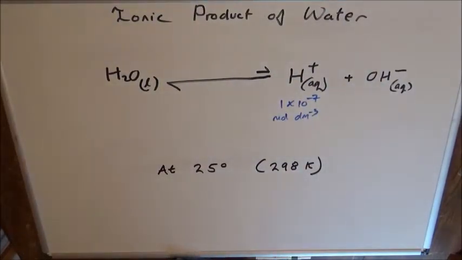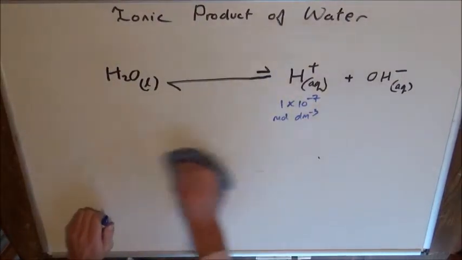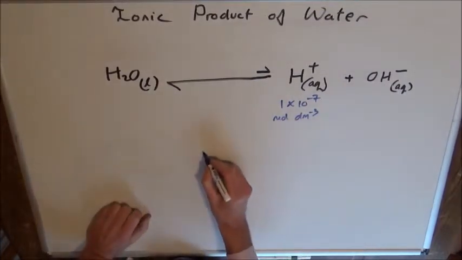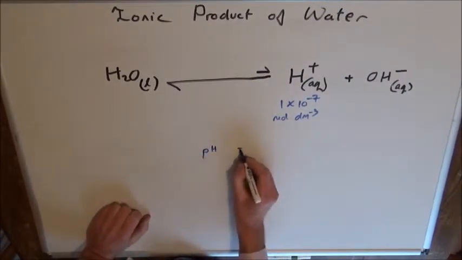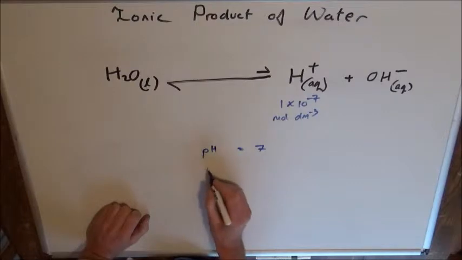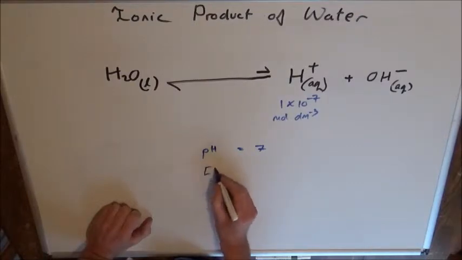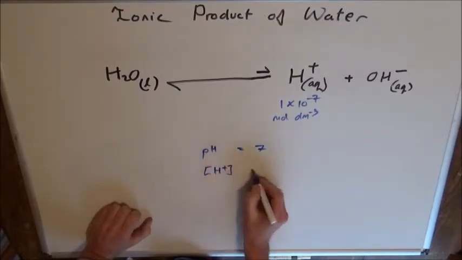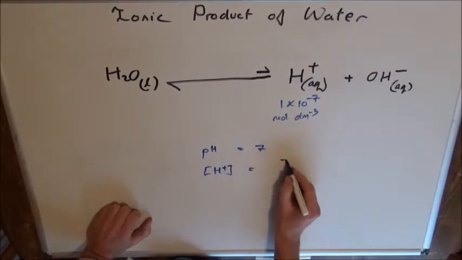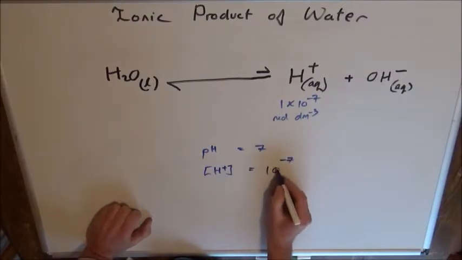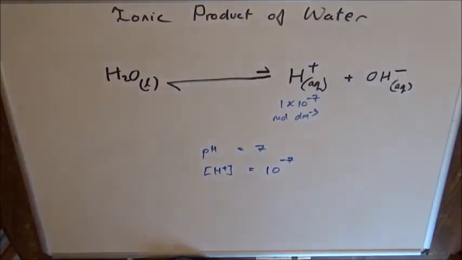That just comes from the pH, and the pH of pure water at 25 degrees C is 7. pH equals 7, so if we do calculate the proton concentration, you simply reverse the sign of the pH, and that's the power to which you raise 10.